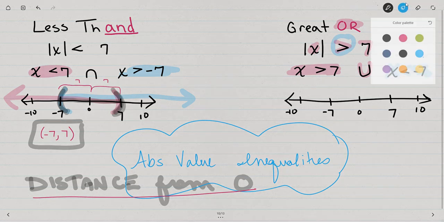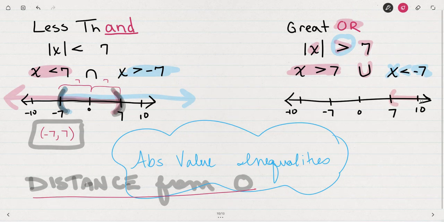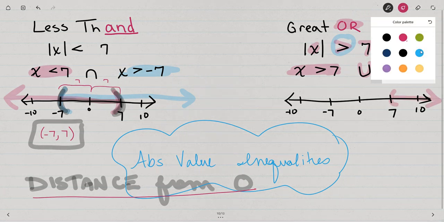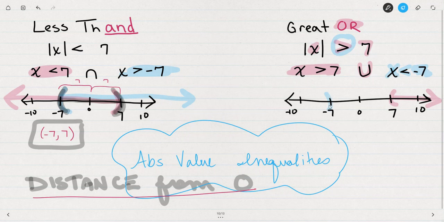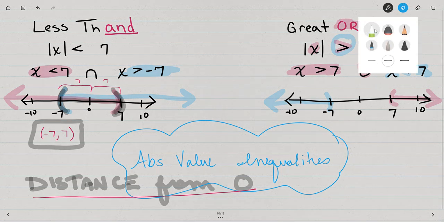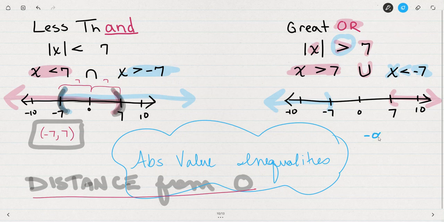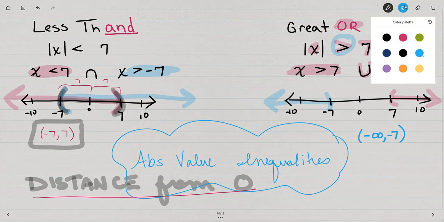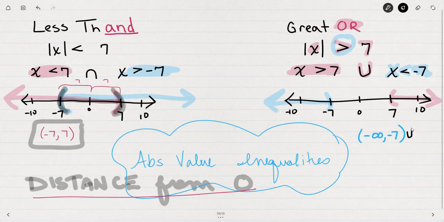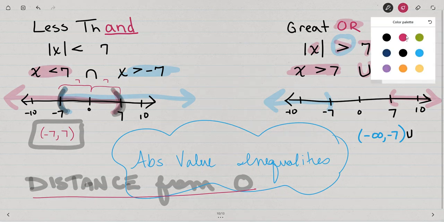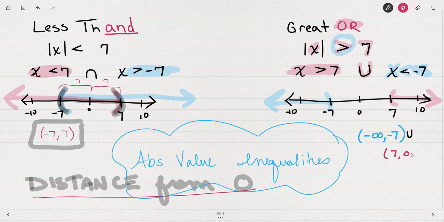Again, I could do this by graphing all the x's greater than 7 and all the x's less than -7, and this "or" is going to give me from -infinity up to -7, or 7 to infinity.